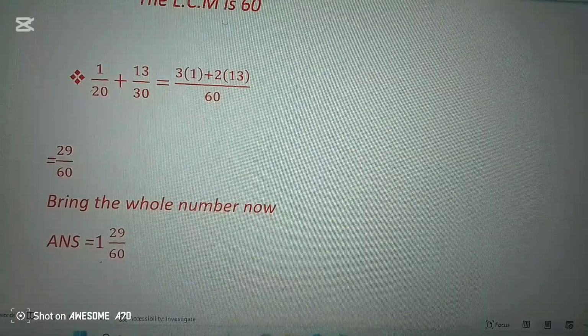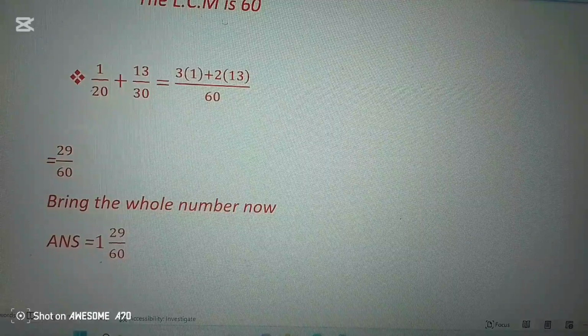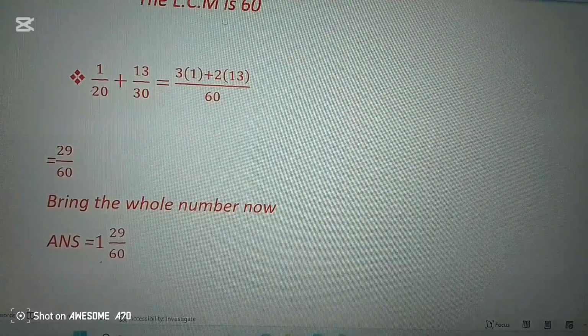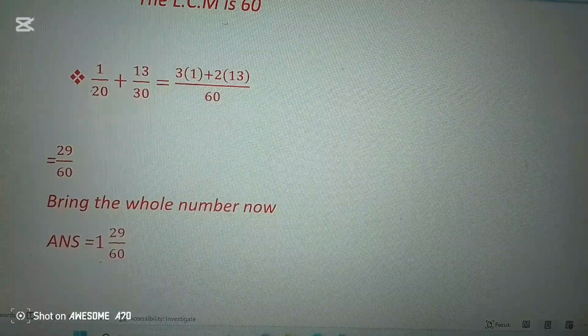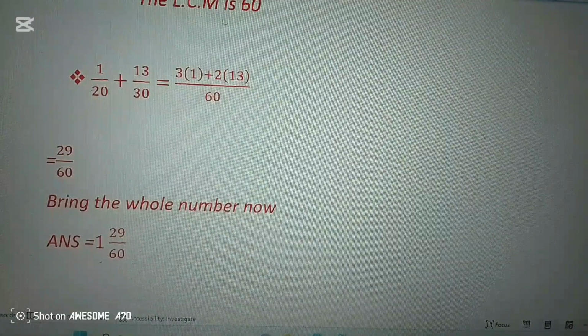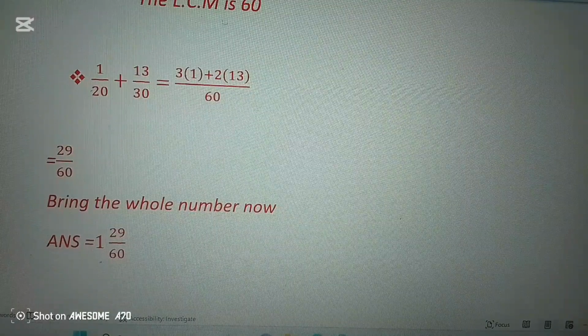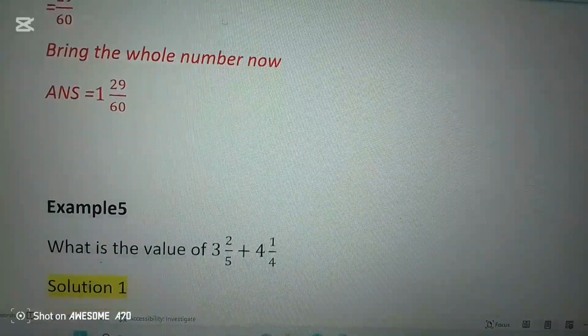After adding the fractions and adding the whole numbers, just combine the two and get your answer. As simple as that. Let's look at another example for more clarification.